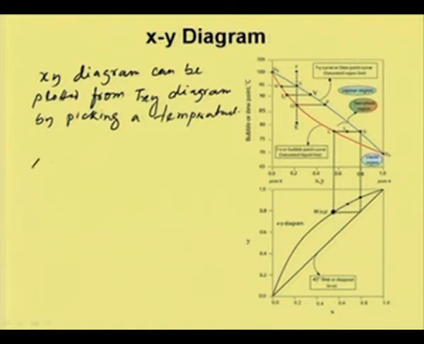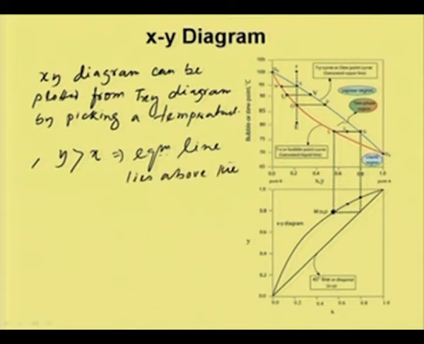Since here y is greater than x, the mole fraction of the more volatile component is more in the vapor, and the equilibrium line lies above the diagonal.